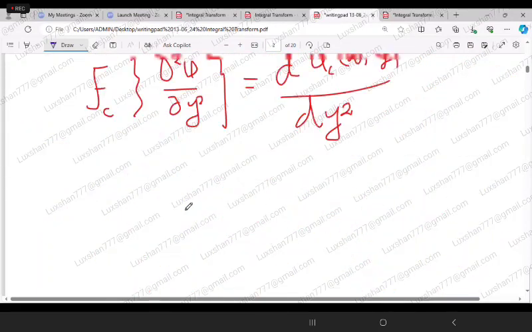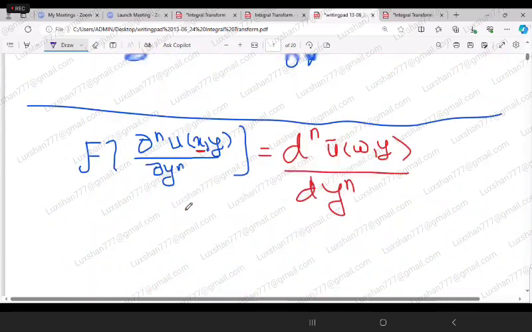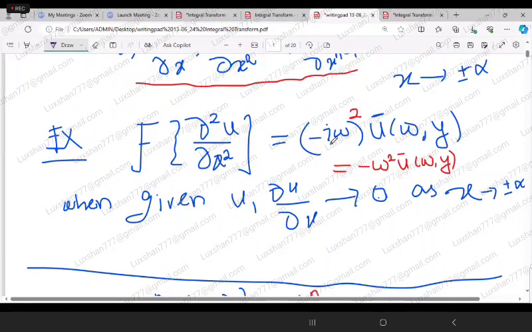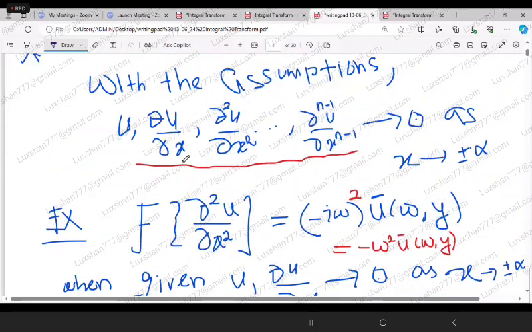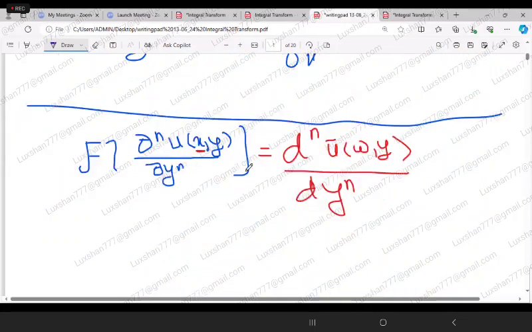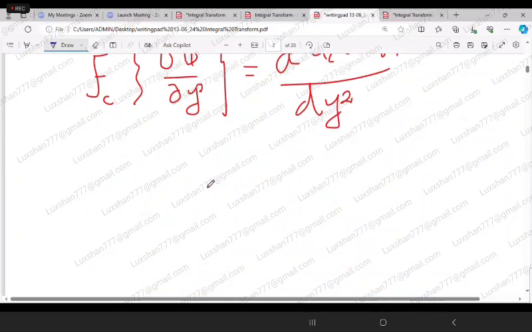Remember, let me show you again. Look here: the nth derivative means (−iω)ⁿ with respect to x only. If it is with respect to y, then it is dⁿū(ω, y)/dyⁿ. Okay, so that is important.